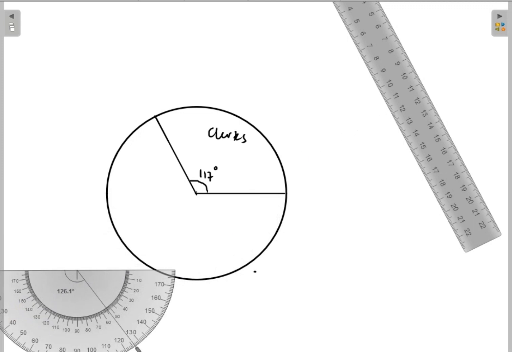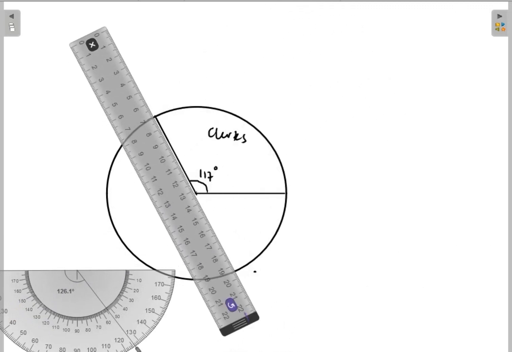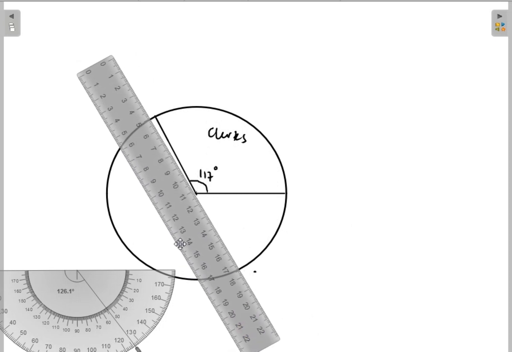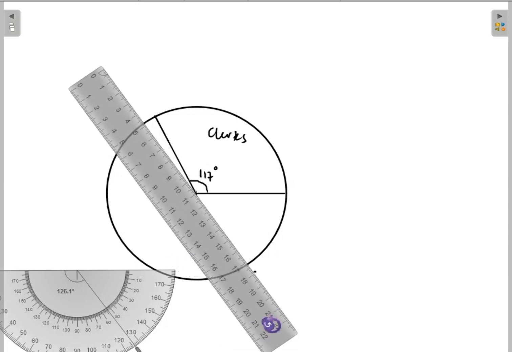Then we use our ruler and our pencil to draw this to the center, so it becomes like that.